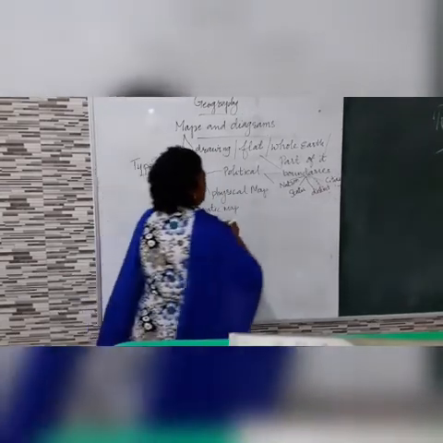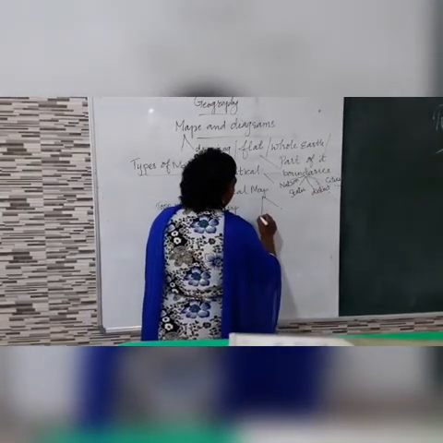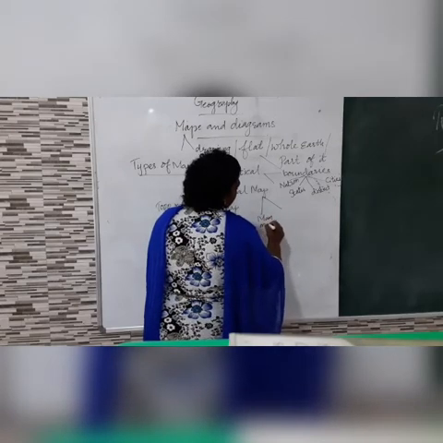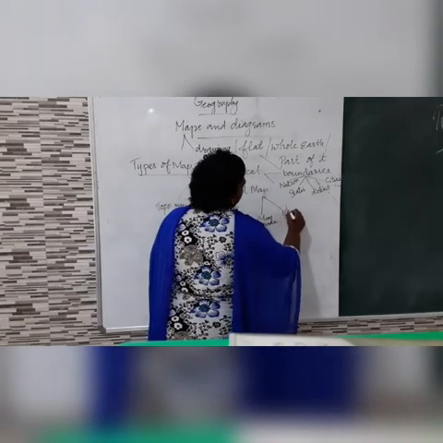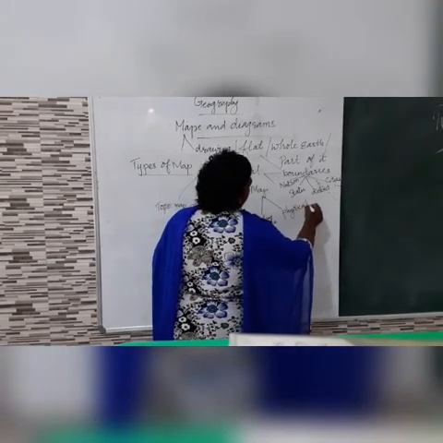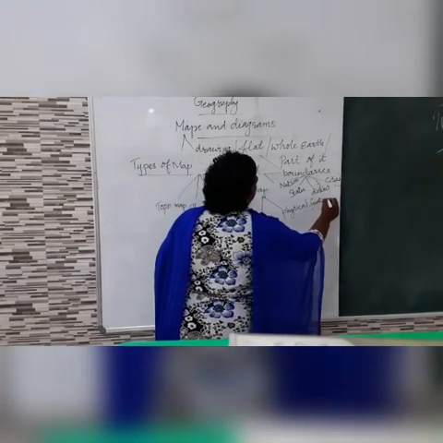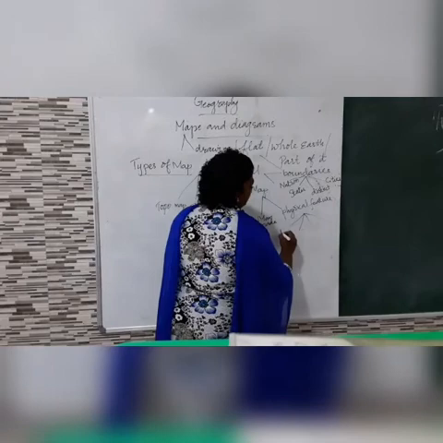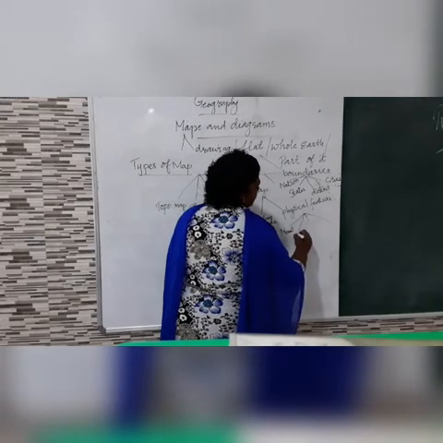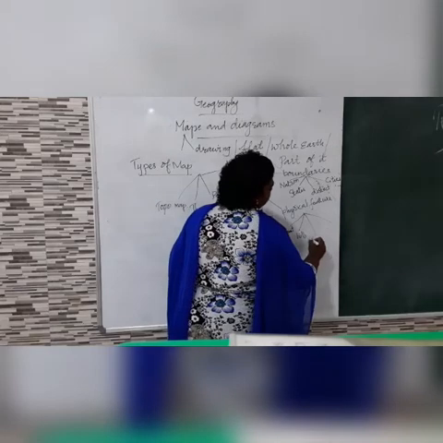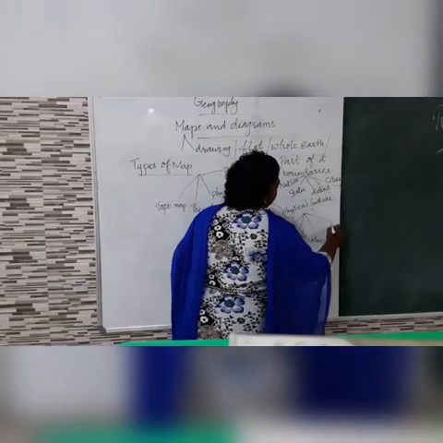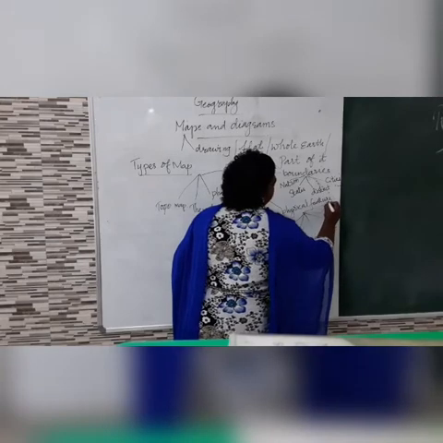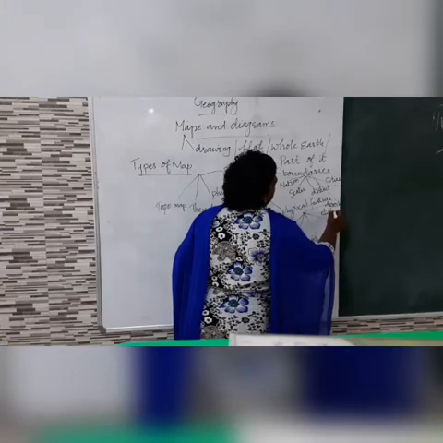Next, the physical map. The physical map shows both man-made features and physical features. Already you know what physical features are: mountains, hills, valleys, plains, deserts, cliffs and plateaus.